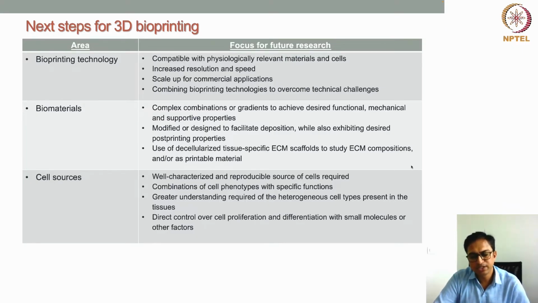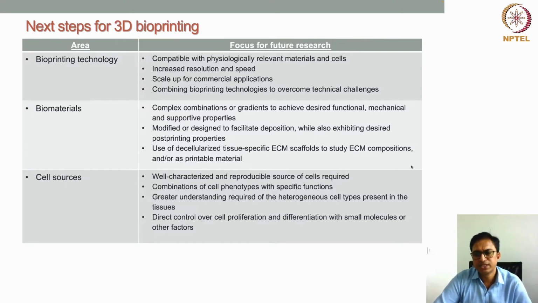Then we discussed several biomaterial concepts, like bioinks, the different types of bioinks, single material and multi-material bioinks, their typical physicochemical characteristics, and the limitations and challenges with these bioinks.